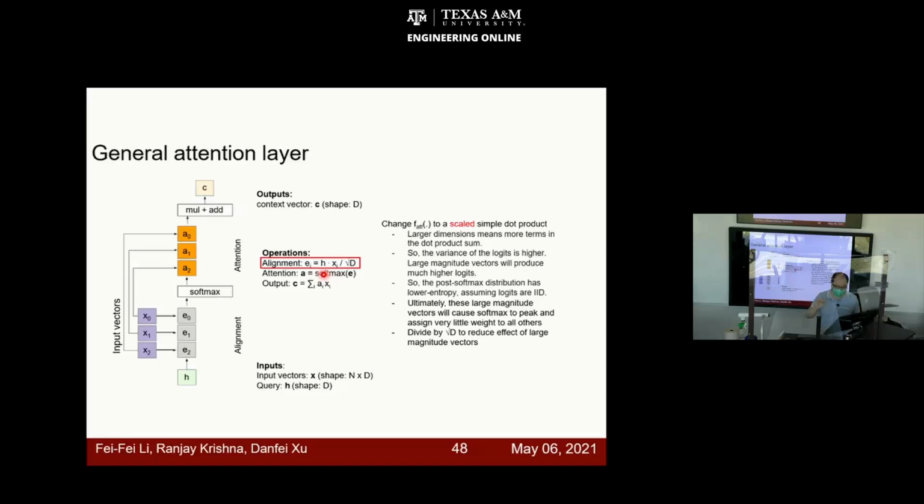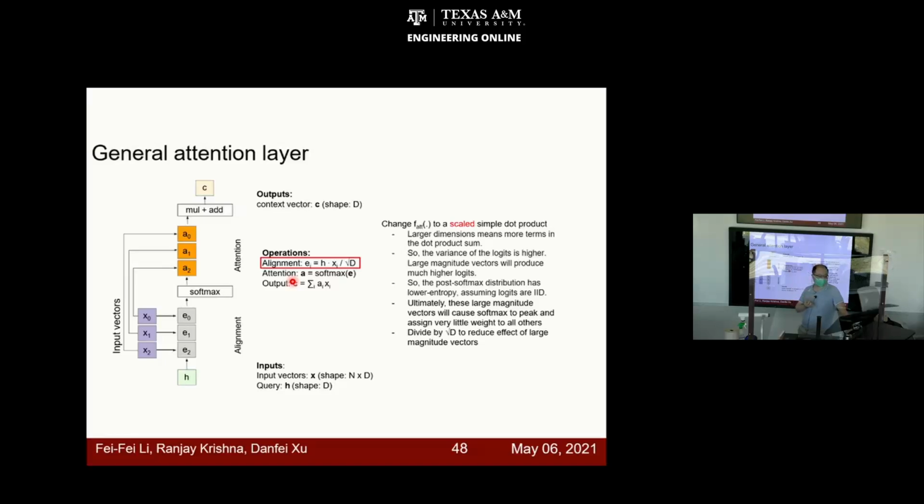So if the dimension of h or x sub i is high, this softmax can easily get saturated, meaning some dimensions can very easily dominate the softmax.